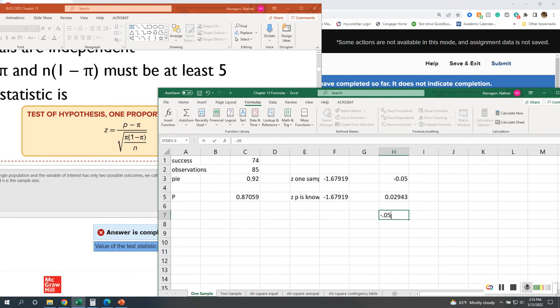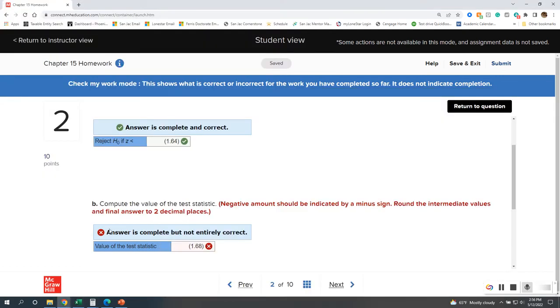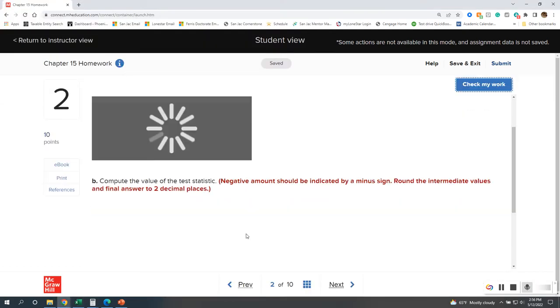So negative 0.05 divided by 0.02943. So this one actually comes out to negative 1.69, so almost negative 1.70.